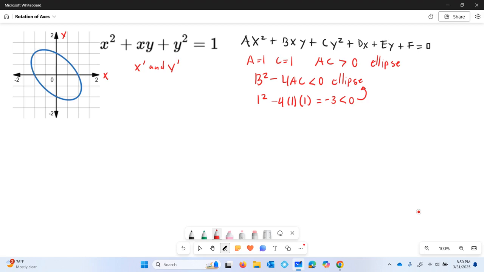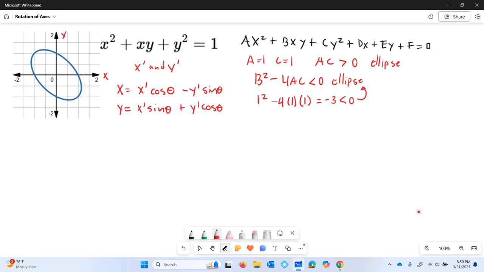So we say that x is equal to x prime cosine theta minus y prime sine theta, and y is equal to x prime sine theta plus y prime cosine theta.